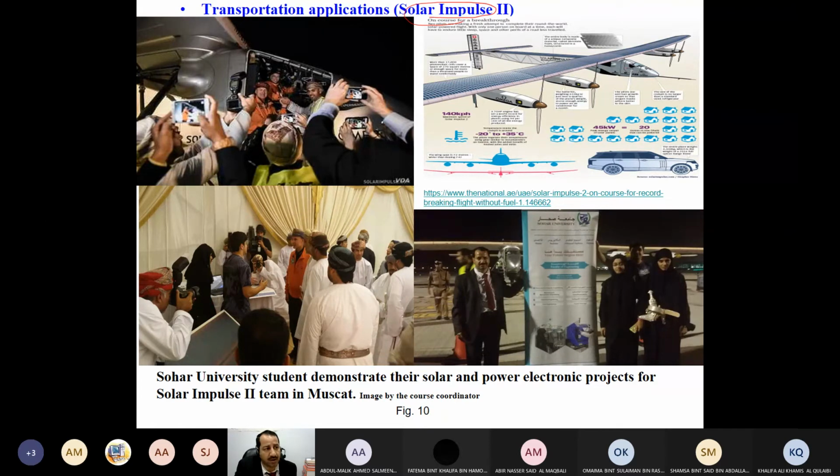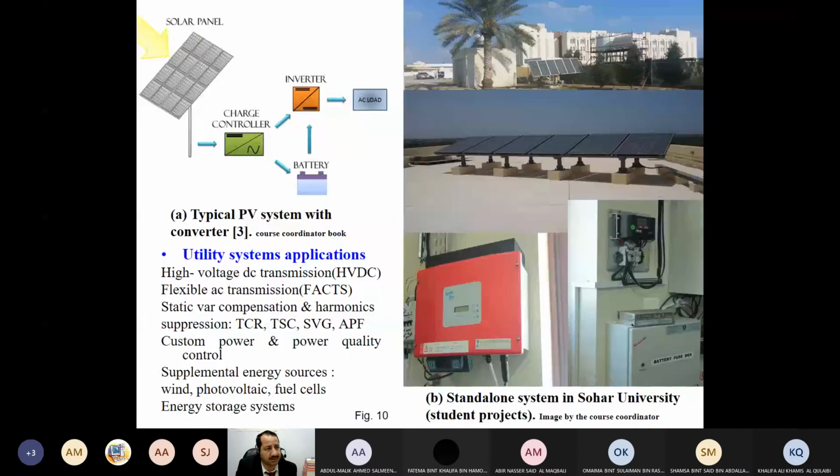We hosted it here in Oman. Our students came with us to Muscat Airport in Al Seeb, and here our student explains for the people, for the pilots of Solar Impulse at that time. So this is an application. Without power electronics, this is impossible.